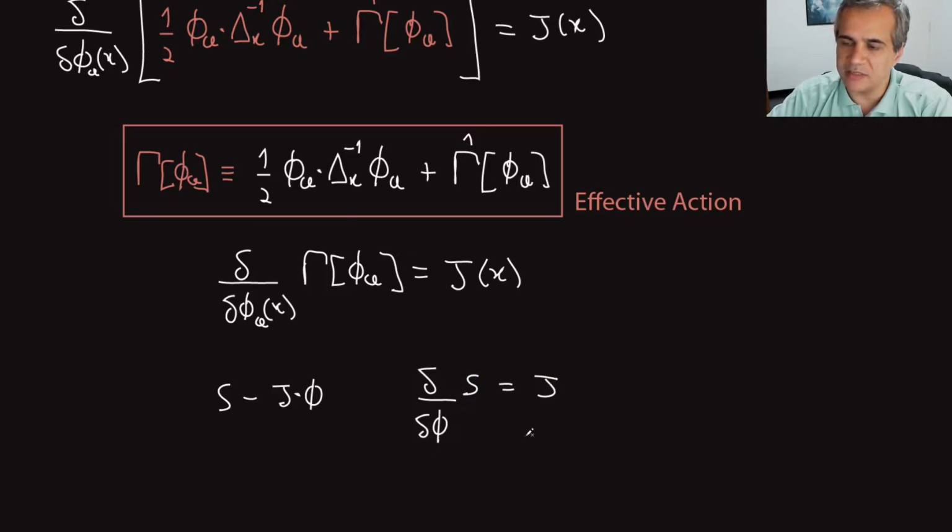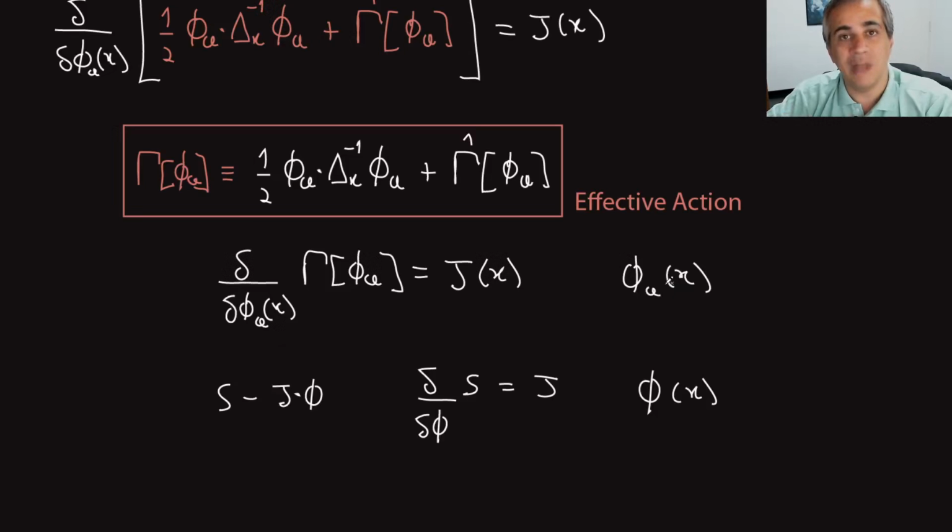So what I'm saying is, in the same way you can use this equation for a classical theory and solve this to find phi of x, which is the classical field, you find the configuration for the field, you can solve that one using this effective action to get the configuration for this classical field, I mean the VEV of the quantum field. Or another way to say, you get the configuration for the ground state of this quantum system. So this is a very powerful quantity to know.